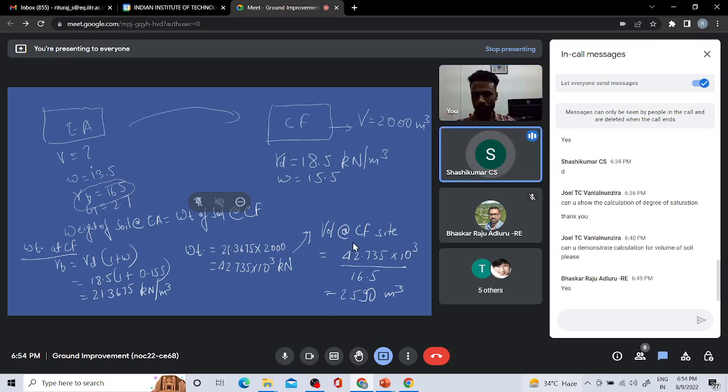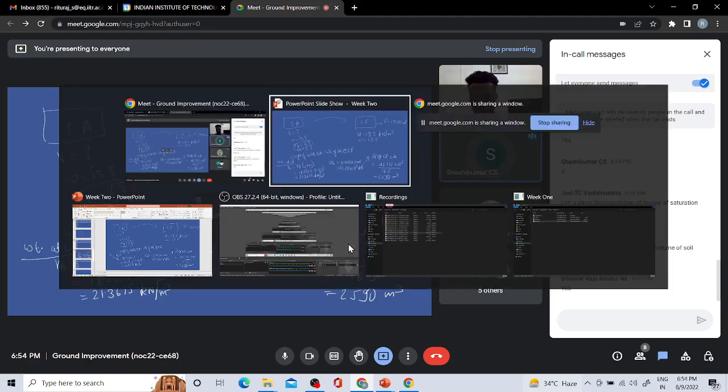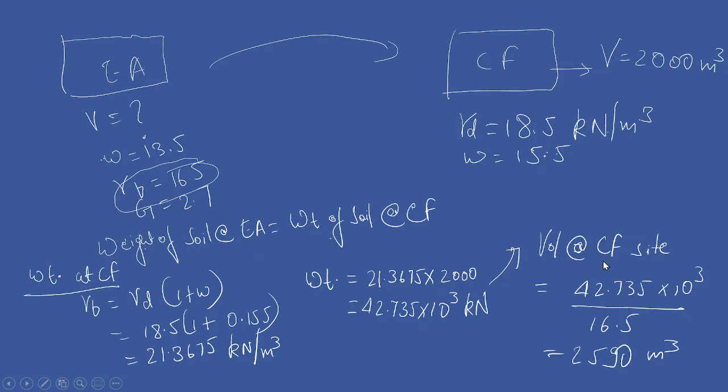If we use gamma bulk of the excavated area, then the volume will be much higher. One second, sir. Actually, I guess here is the confusion. This is the excavation area, I should write.